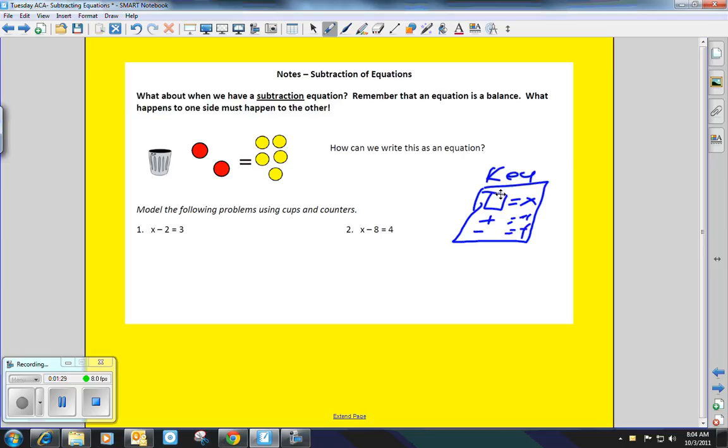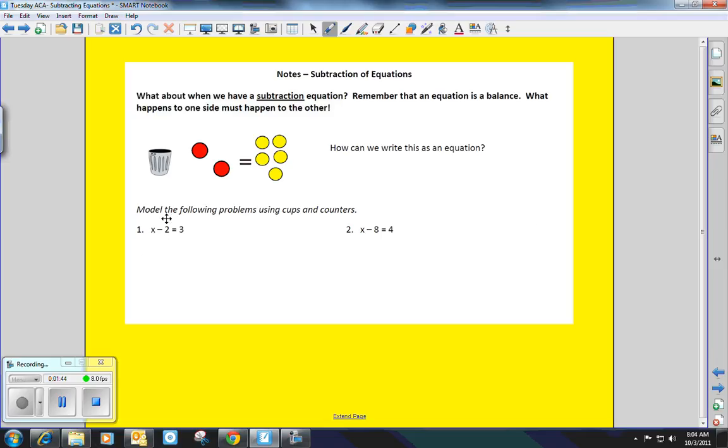So you just make a key off to the side telling me what an x is worth, what a positive 1 is worth, what a negative 1 is worth. So model the following problems using cups and counters. Make your key, show your model.